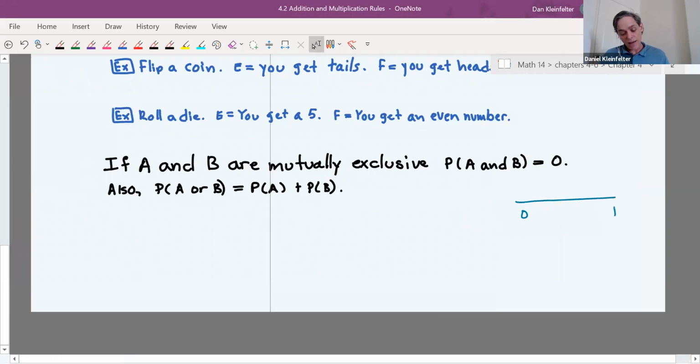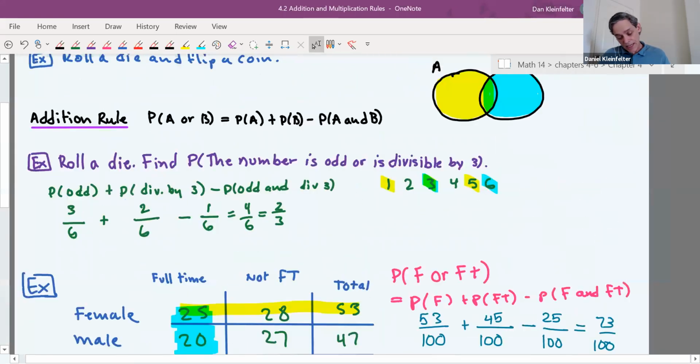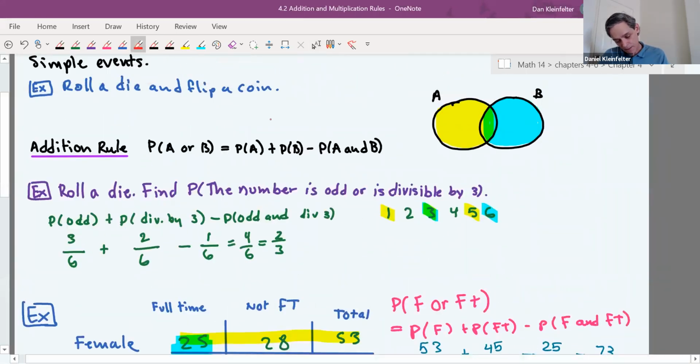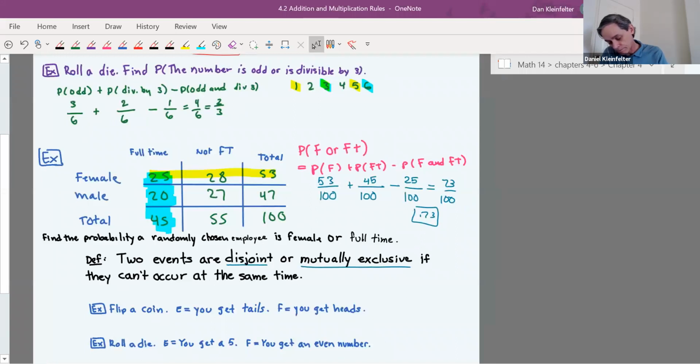Okay, and so that makes our OR formula simpler. The probability of A or B is then just the probability of A plus the probability of B. And that is because when that happens, the probability of A and B is equal to 0. So all that's left is the probability of A plus the probability of B.